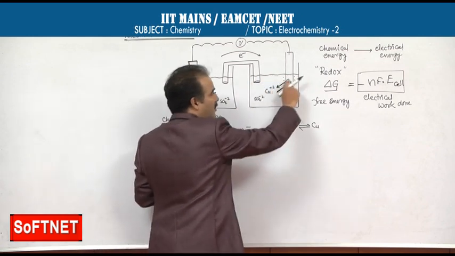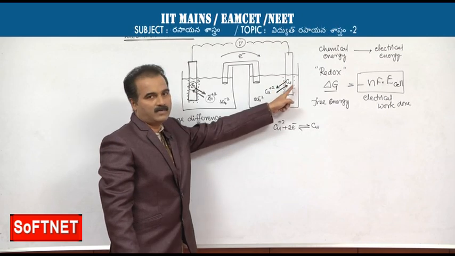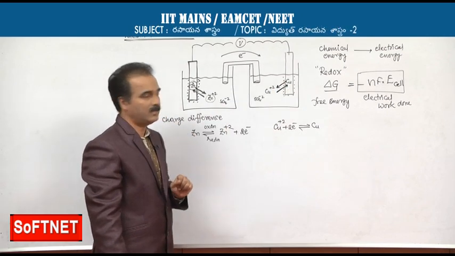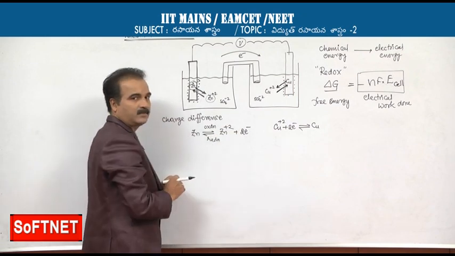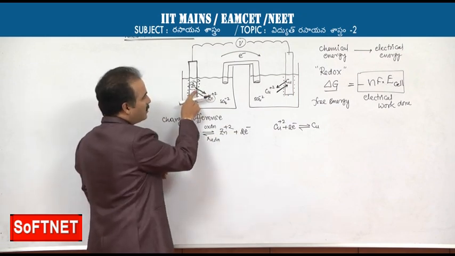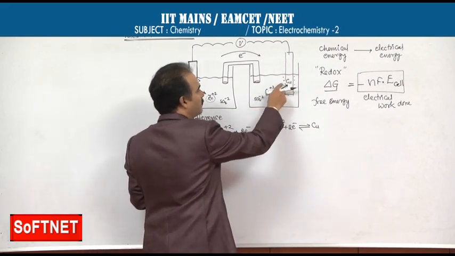Here also there is a dynamic equilibrium between copper dissolution and deposition of copper +2, both are there. But the moment you connect, the equilibrium is lost. Only oxidation occurs here and only reduction occurs here.